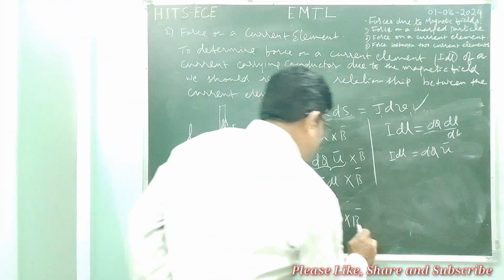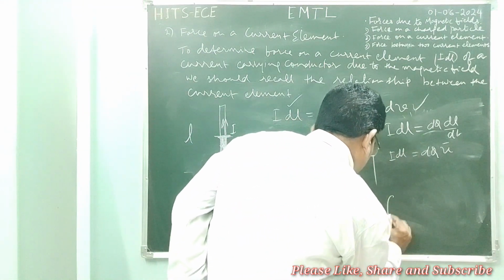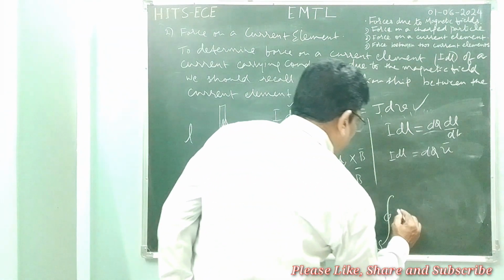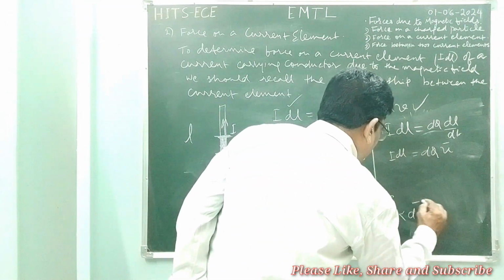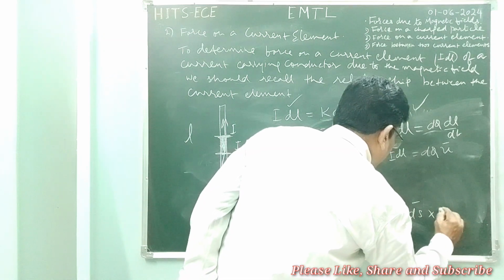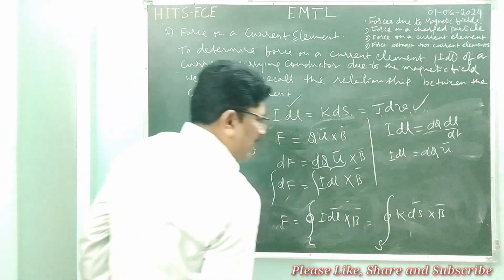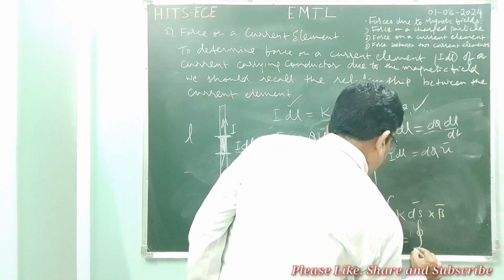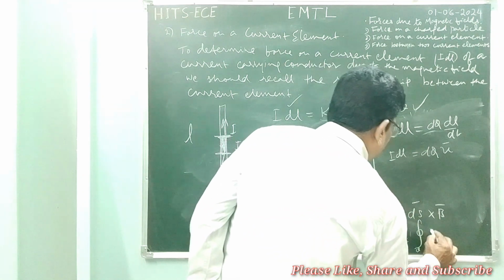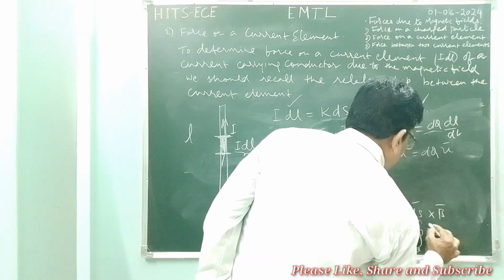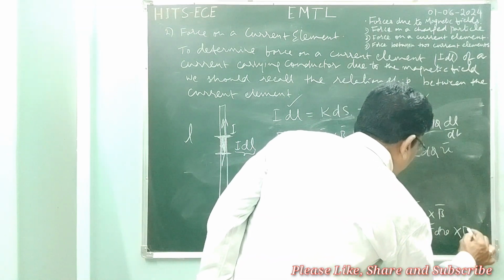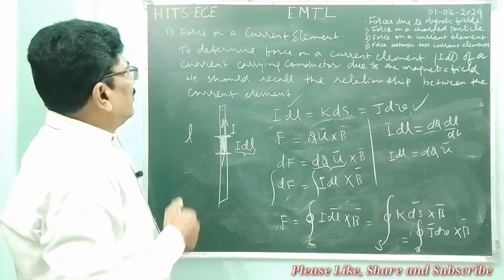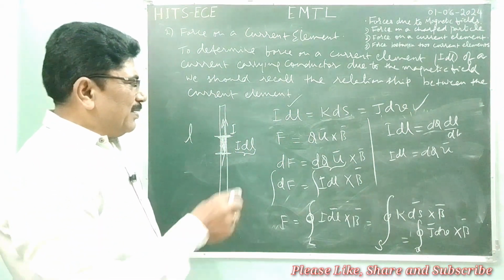So it can be written as a surface integral of K dS, where dS is also a vector, cross B. And this is equal to the volume integral of J dV cross B. This is all about force on a current element.